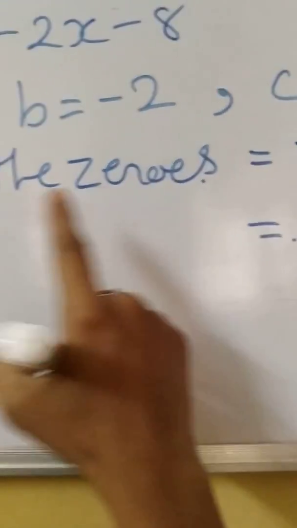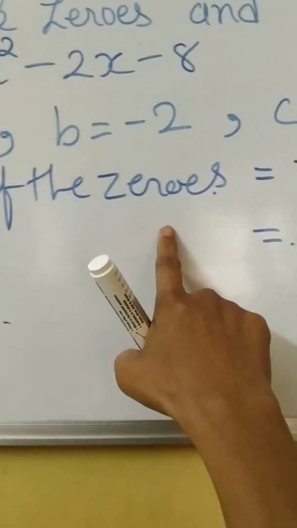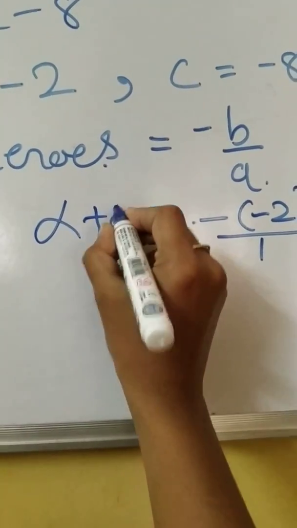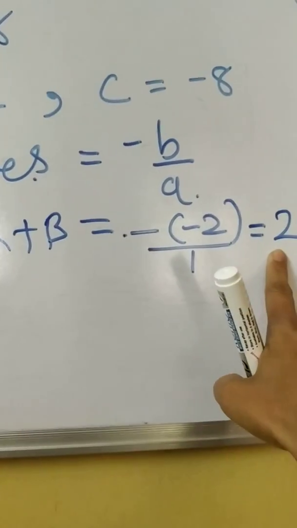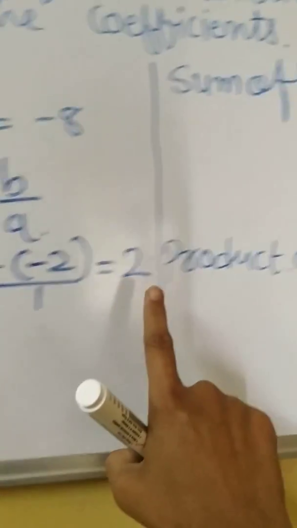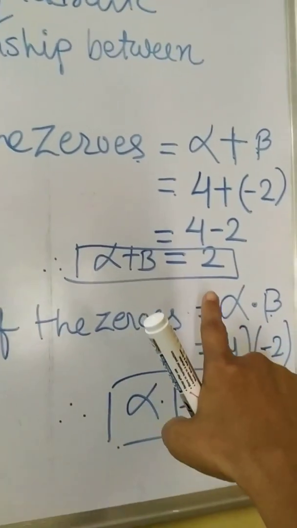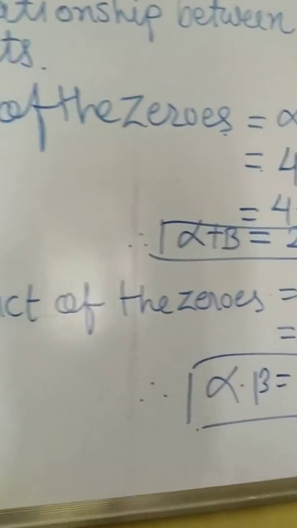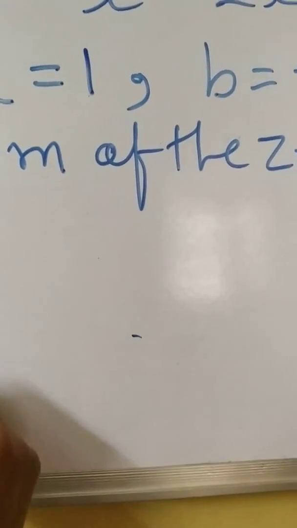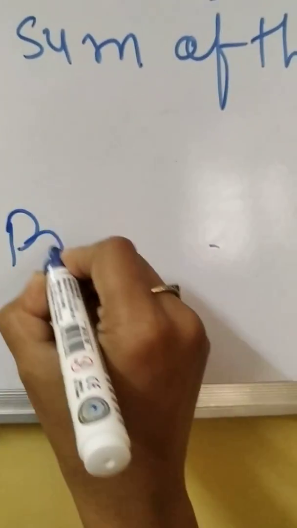Here, the sum of the zeros, means alpha plus beta, you got as 2 by this process also, and from this process again the sum of the zeros you got as 2. Now here we will find the product of the zeros.